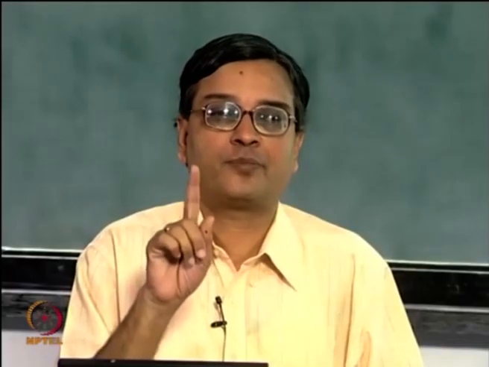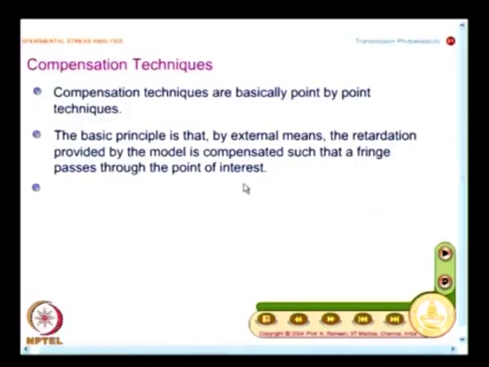So, I have to have compensation as a negative value. It may be slightly lower than fringe order 1, I may add compensation to increase it to fringe order 1. So, the moment I come to compensation technique, first, it is a point by point methodology. Second, whatever I compensate has a sign attached to it. Do not confuse this with the sign of the total fringe order. These are two different issues, because such confusions can come.